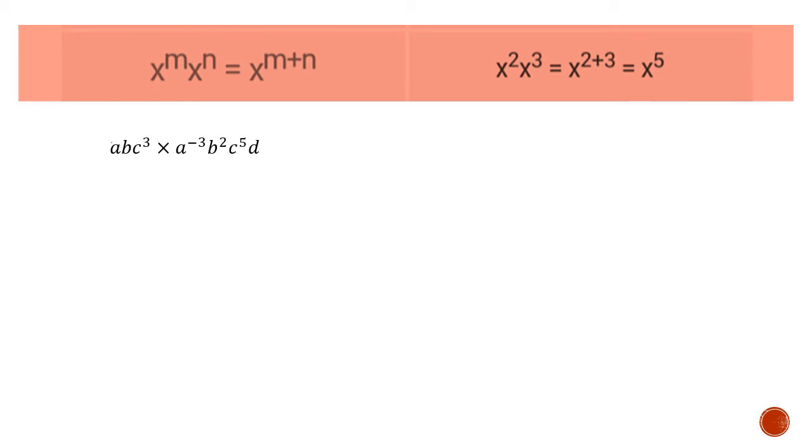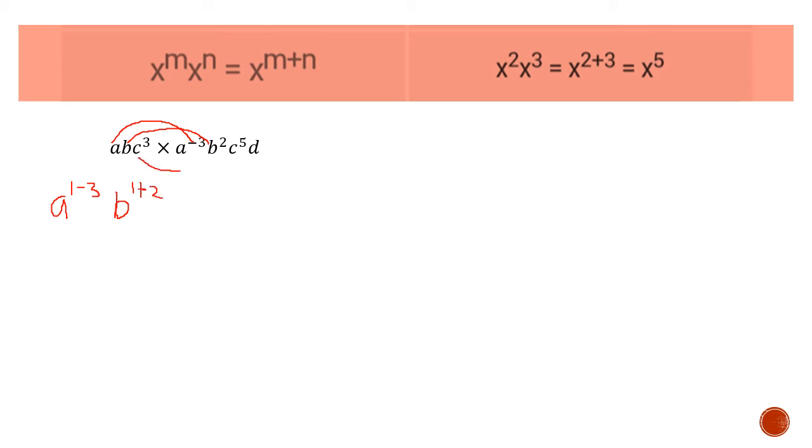So a multiplied by a minus 3 or a raised to negative 3 is like this. So a 1 minus 3, well si b naman, so b raised to 1 din yan, b raised to 1, ito positive, so plus 2.